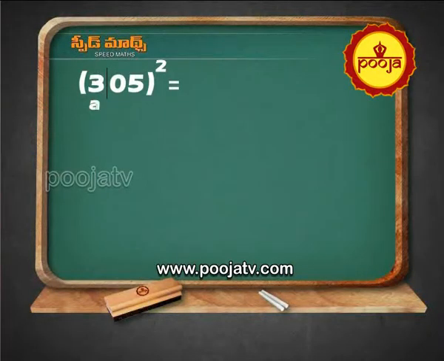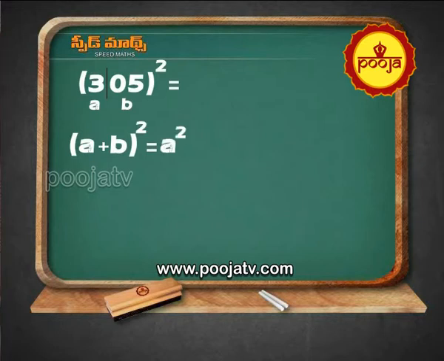Assume it as A and B. A plus B whole square equals A square plus 2AB plus B square.